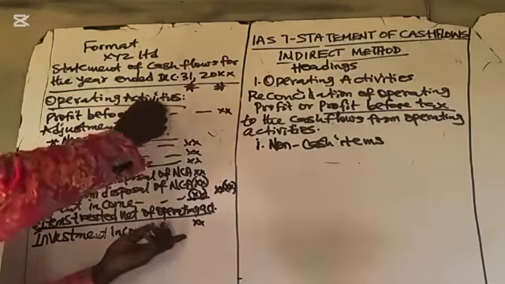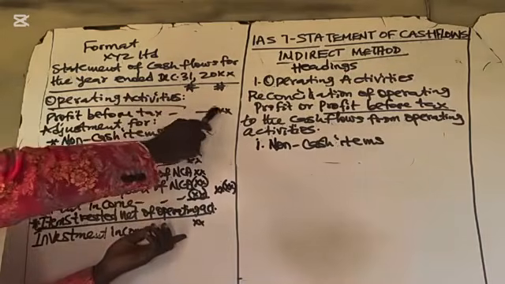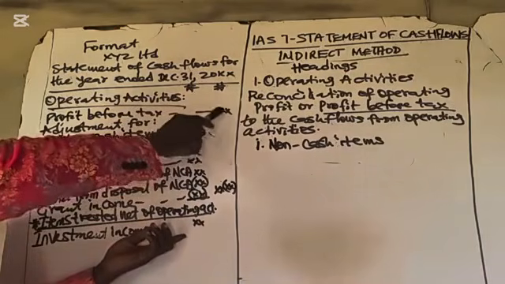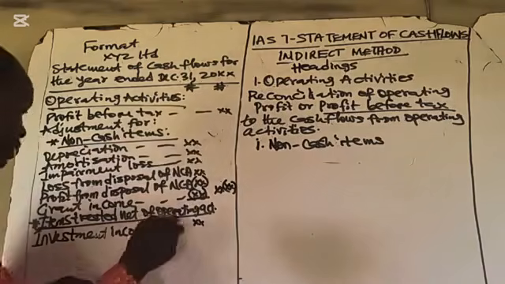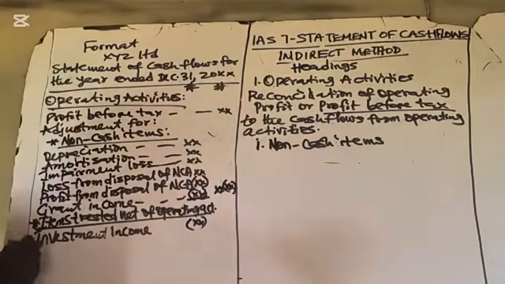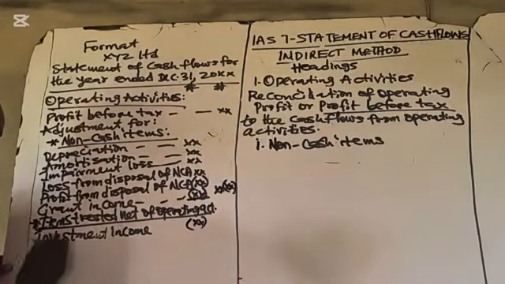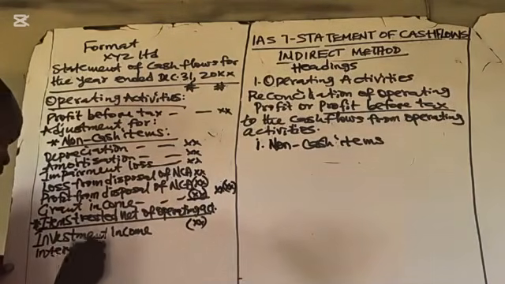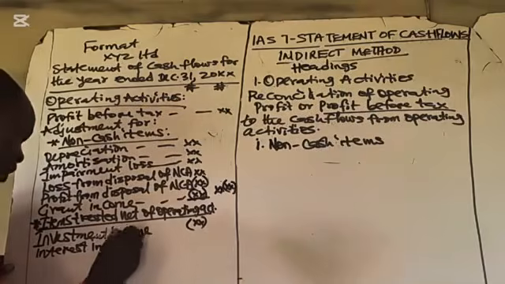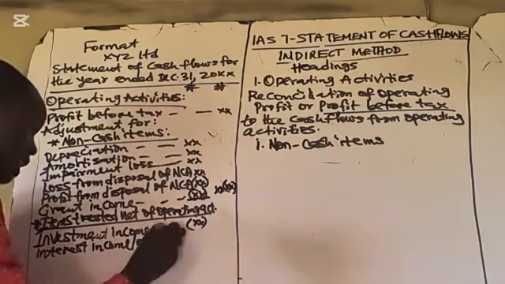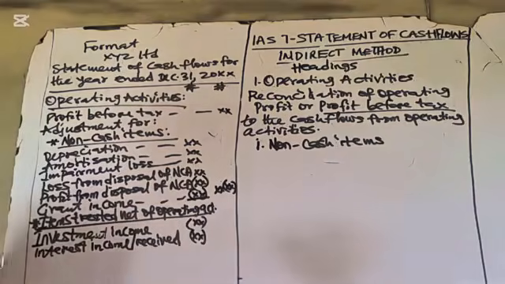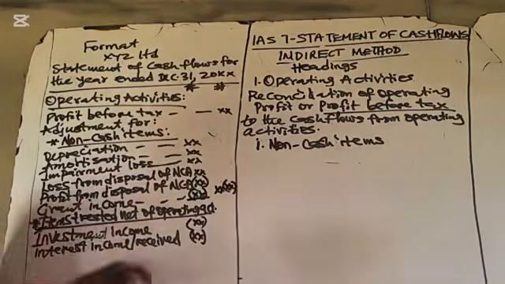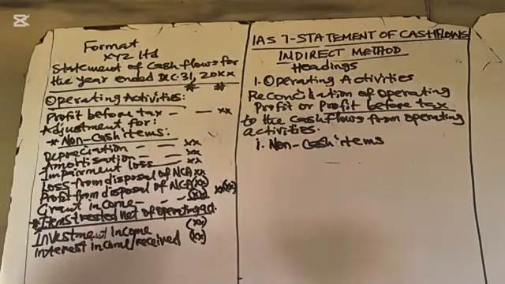Since it has been included in the profit or loss and it has been added in getting the profit before tax, that means you will need to remove that investment income. Interest income or interest received. Interest received will be included in investing activities. Where it has been included in the profit or loss, then you will subtract that.